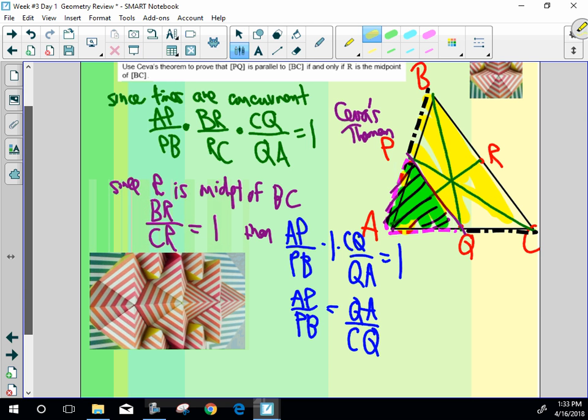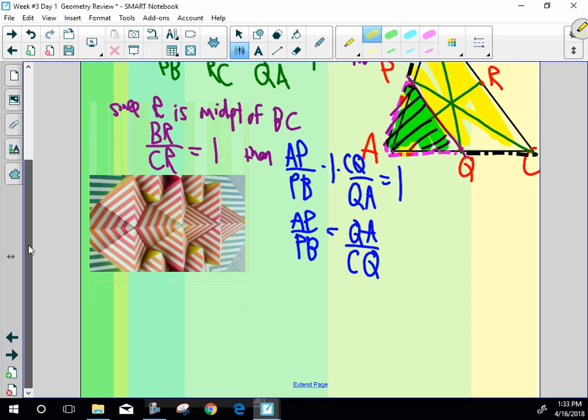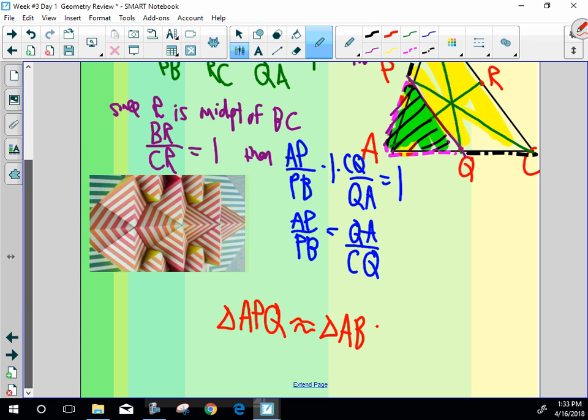But we're not there yet, because these black segments are just the trapezoid part. We want the whole triangle. What I want to see at the end is that triangle APQ is similar to ABC.